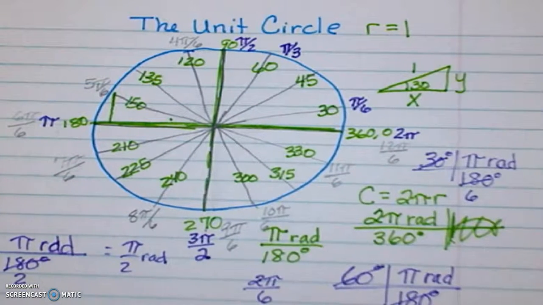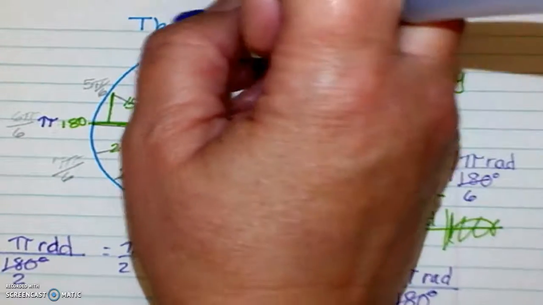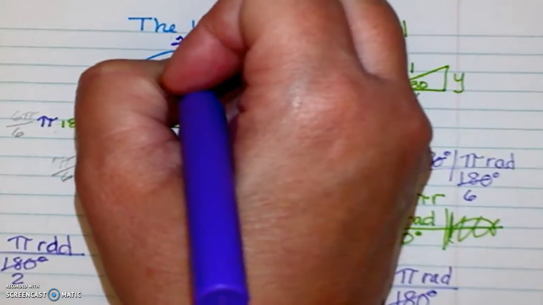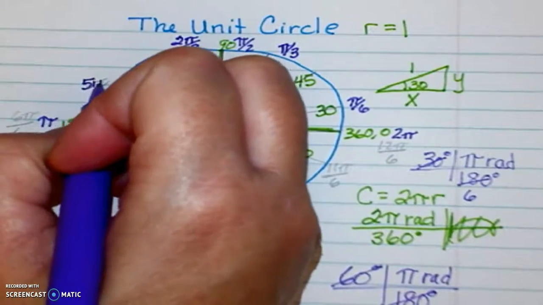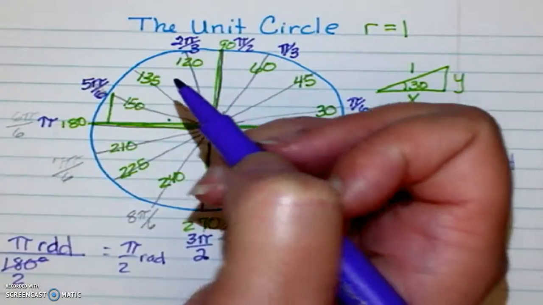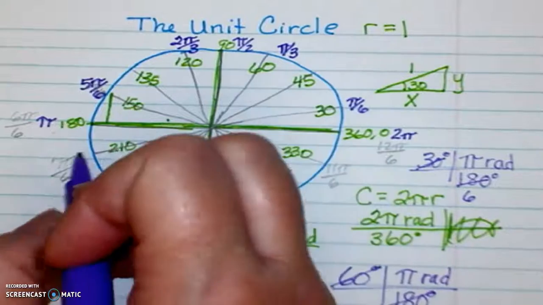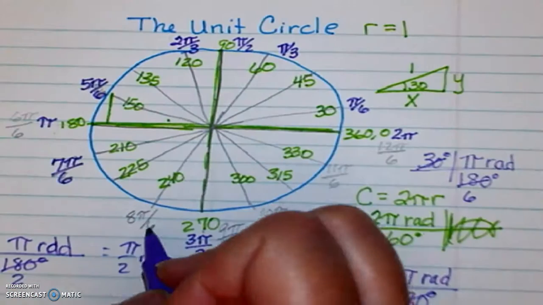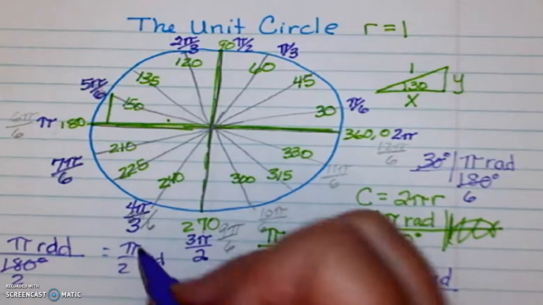Now I put those in pencil because I can reduce them. 4 pi over 6, 4 over 6 reduces down to 2/3. This remains as 5 pi over 6. 6 pi over 6 reduces down to just pi. This is 7 pi over 6. 8 pi over 6 reduces down to 4 pi over 3.